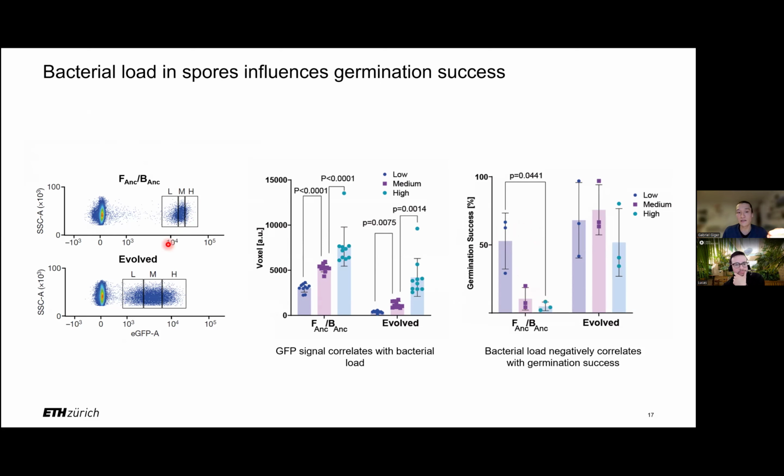At the end of the evolution, all of the spores had less bacteria inside. Even the ones that had the most were rather similar to the ones that had the least in the beginning, and they all started to germinate much better. This would make sense if the bacteria use too many resources of the spores.